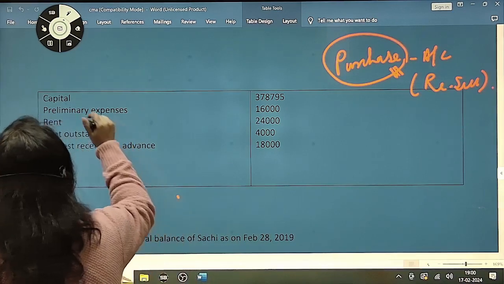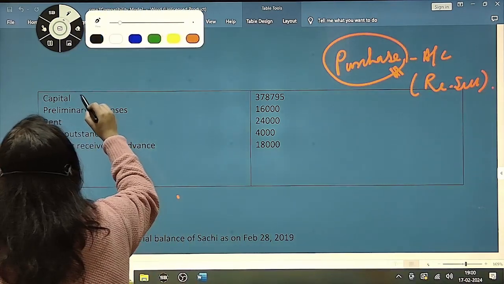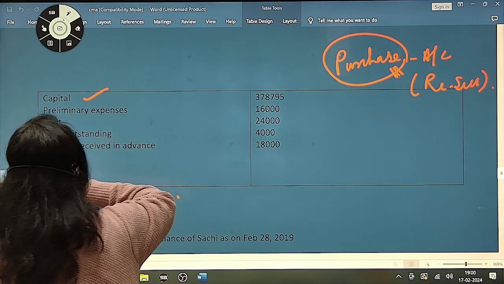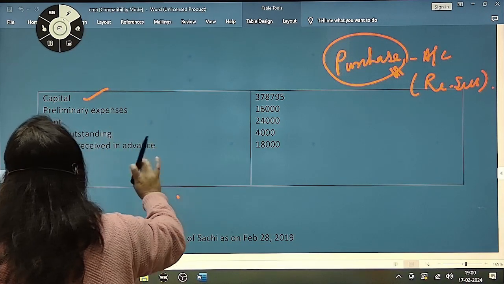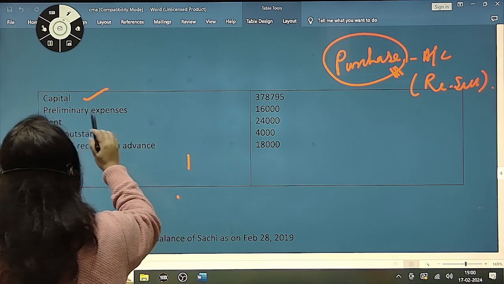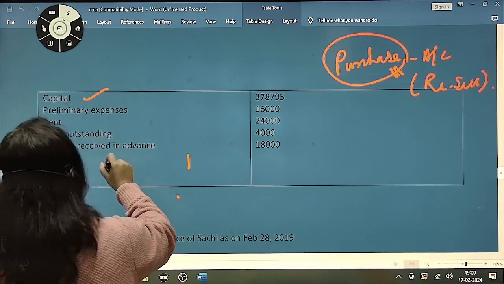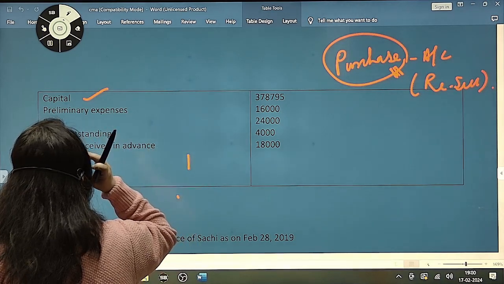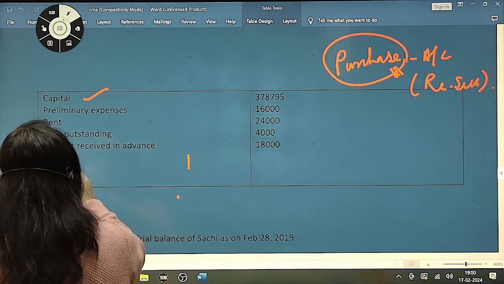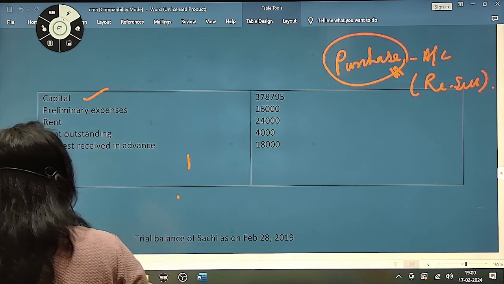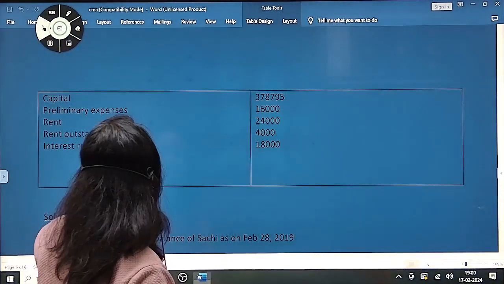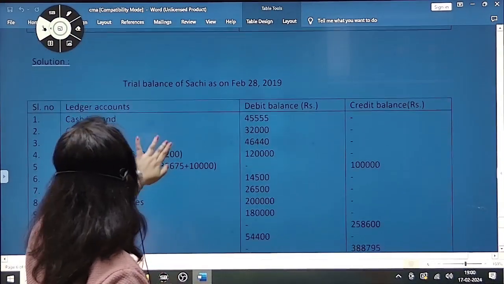Now next one is capital. Capital is your credit balance. Preliminary expenses, then rent outstanding. Rent is an expense, rent outstanding, that's a credit balance. Then interest received in advance. Okay, so now we will see where it will go.